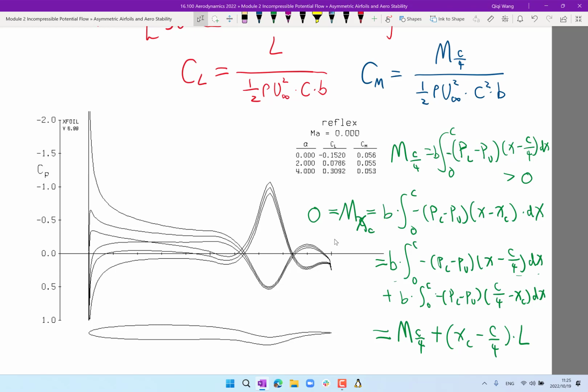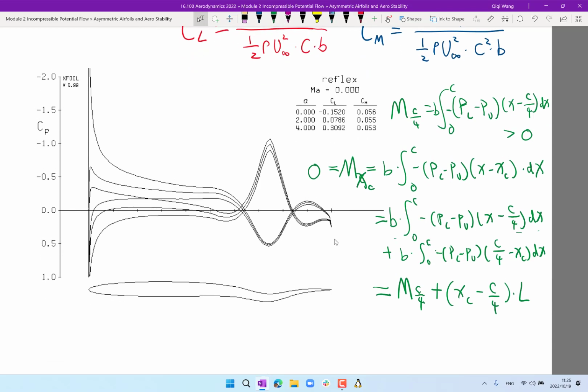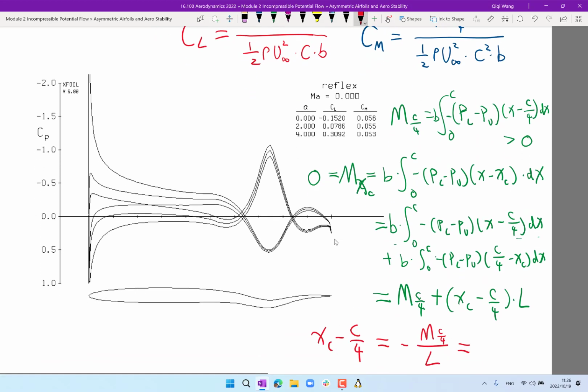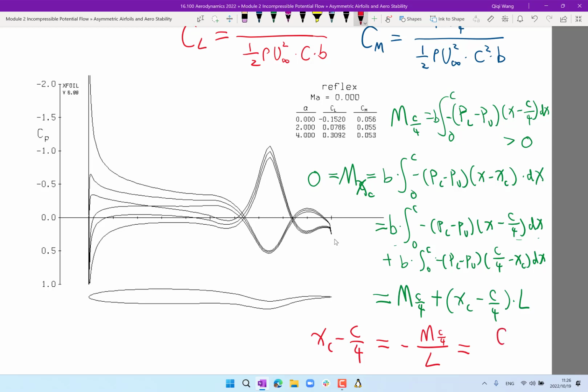And then you can also calculate exactly where the center of lift is by just combining this equation a little bit. So xc minus c over 4 is going to be equal to negative of M c over 4 divided by L. So if you look at how the L and M are non-dimensionalized, this is just the Cm over Cl, minus, times c.